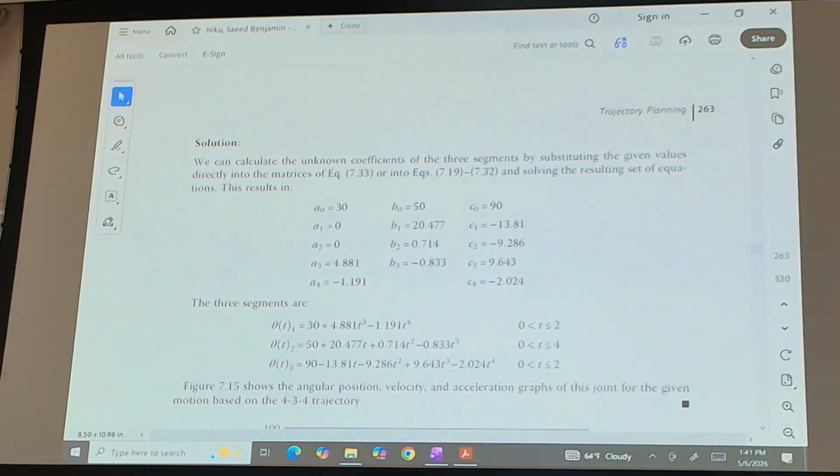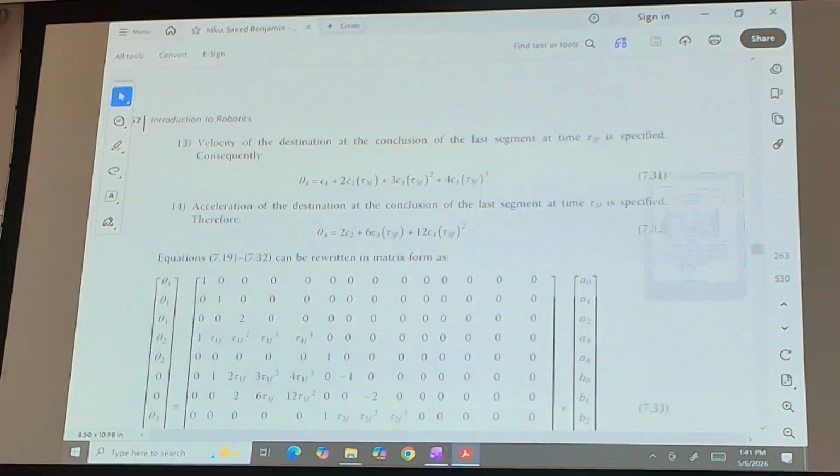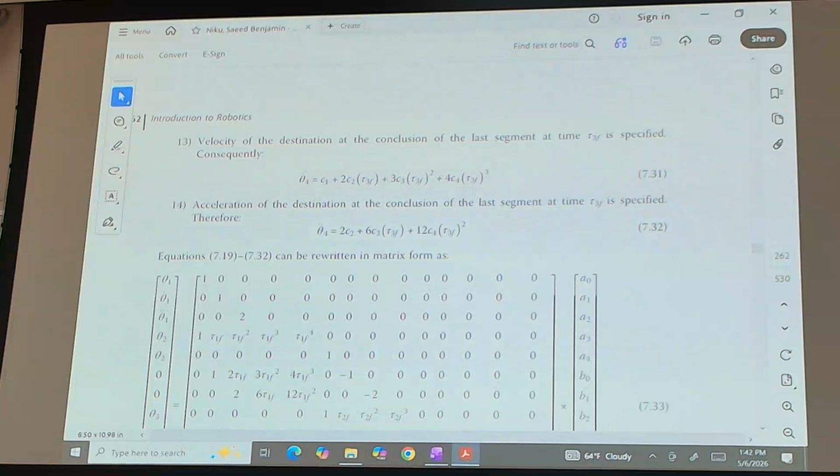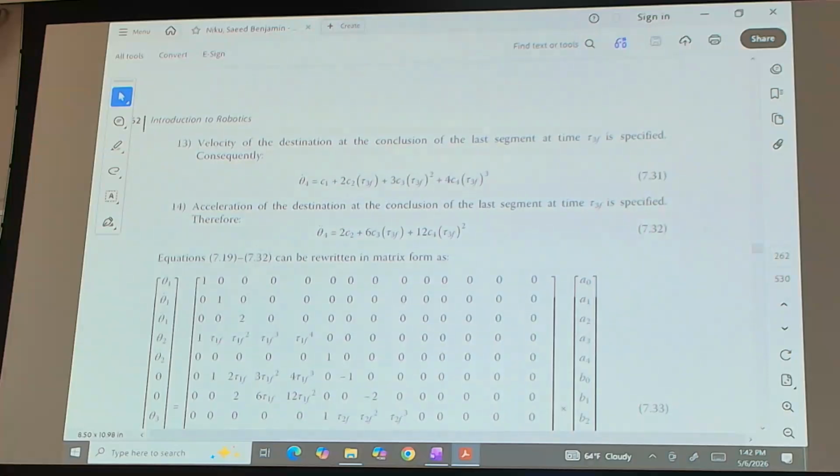Anyway, so here's the example of one where we construct the matrix. So we don't have to do three little matrices, and this is why I said you can use MATLAB to do this, right?